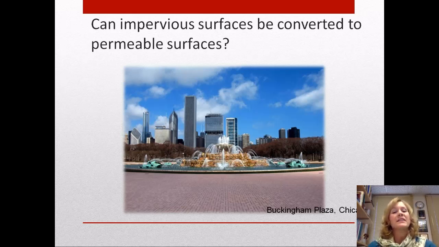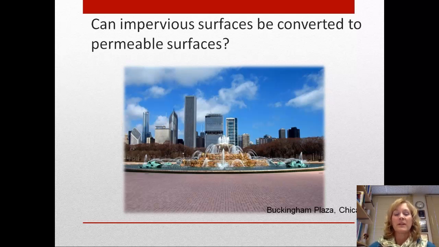One of the next things to consider are those hardscapes that are on the ground. And so, for example, in this case, can impervious surfaces be converted to a permeable surface? In one of the earlier presentations, I talked about the different kinds of permeable pavement options, and included in that were permeable pavers.